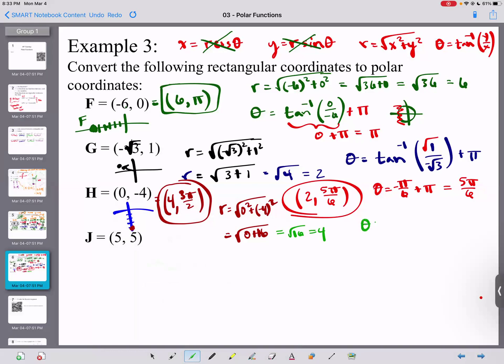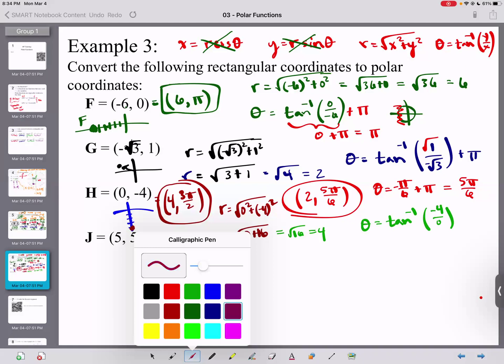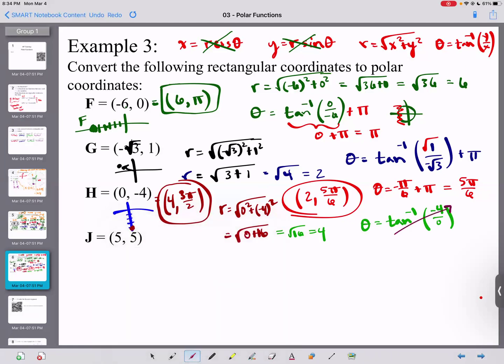And then if you did your inverse tangent, since it's on the axis, you're fine as far as the restriction goes. You don't have to do anything, but it's the negative 4 over 0. Can we divide by 0? No, this is undefined. You are not allowed to divide by 0, so it's undefined.